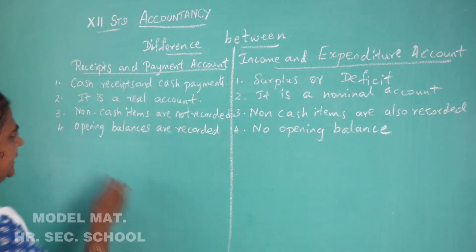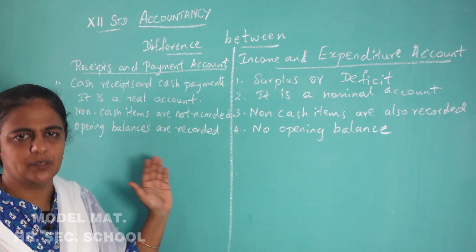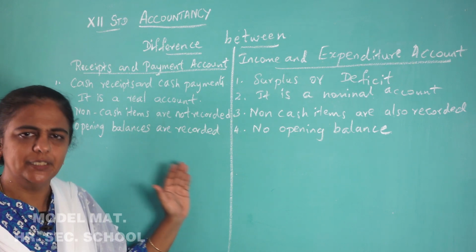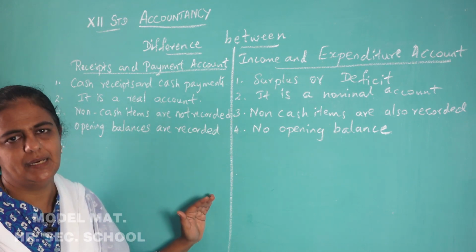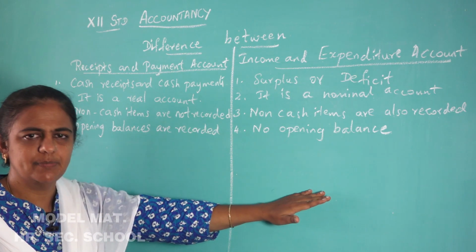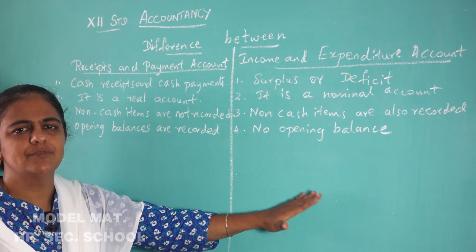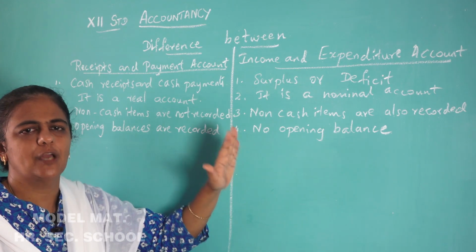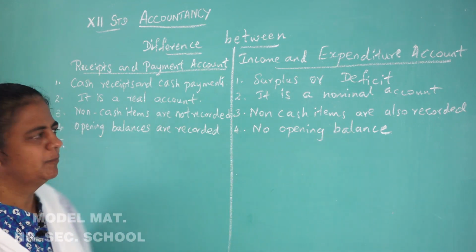Is it clear? Next, in receipts and payments account, items which are of revenue as well as capital nature are all recorded. But in case of income and expenditure account, only items which are of revenue nature are recorded. Is it clear?